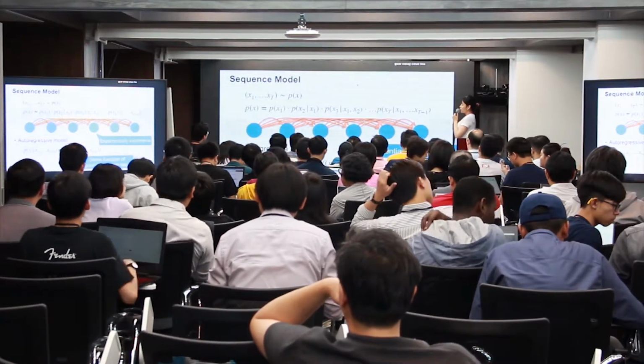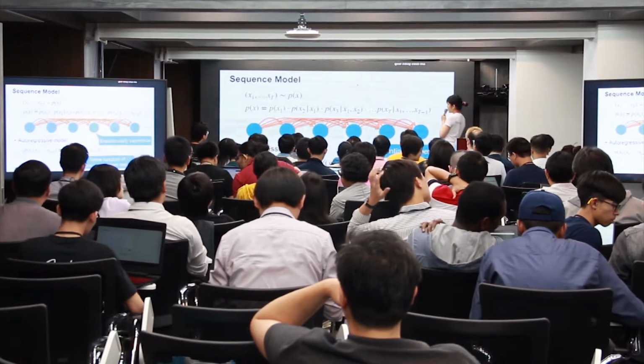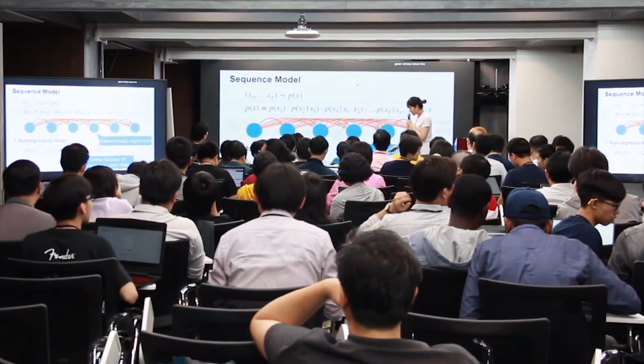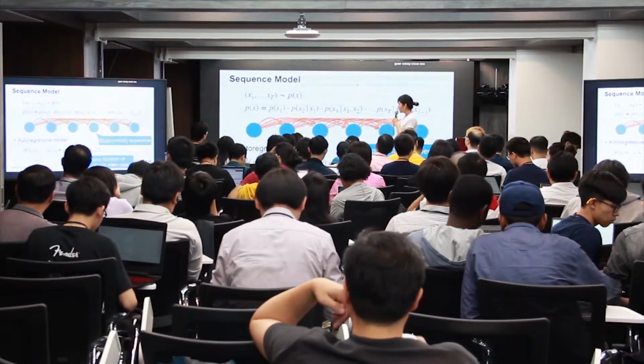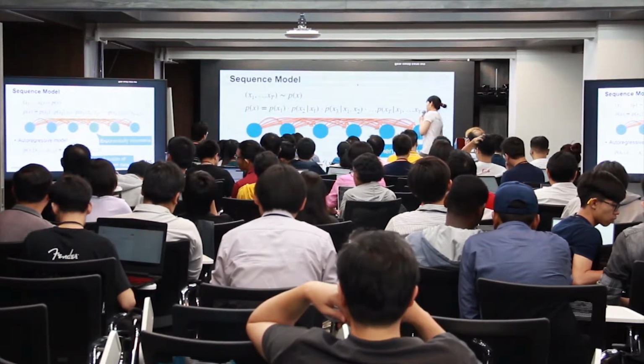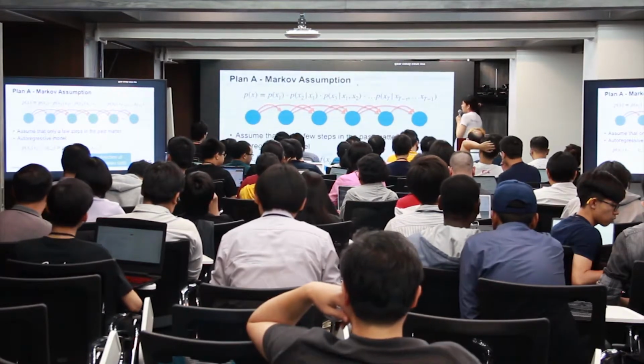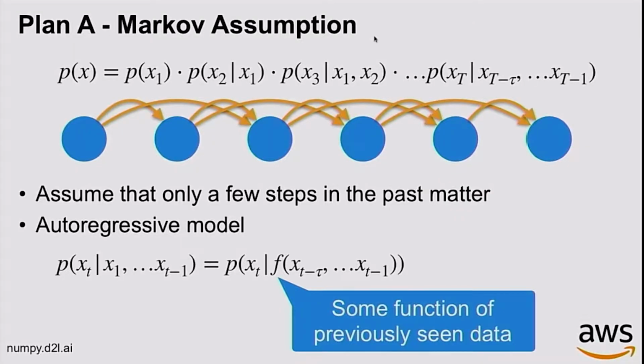We can do some autoregressive modeling for that, with a function that we try to model using autoregression. We can go two ways. The first is the Markov assumption, where we keep the same picture, but assume the current time step only depends on the past tau time steps.